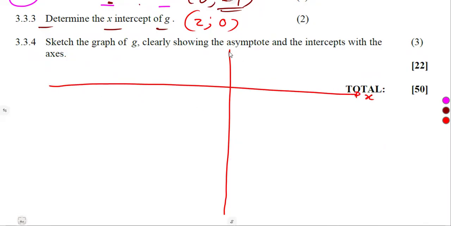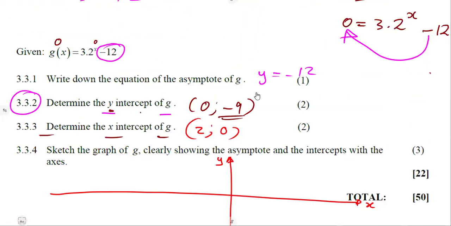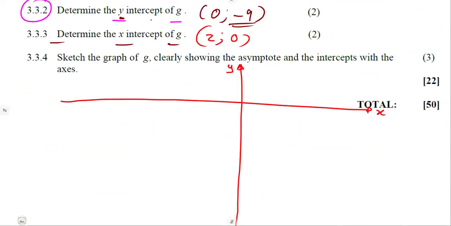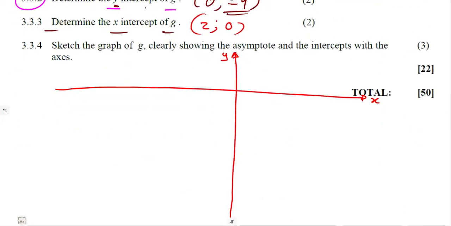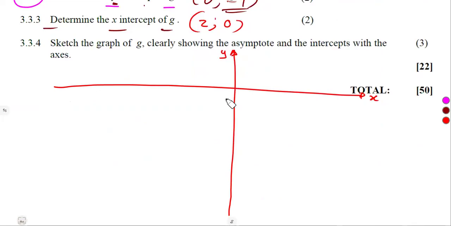So these are the x values, the y values. As you can see, our graph is more negative on the y values. On the y values, we have got an asymptote at negative 12. So let us say I've got something like this. That's 0 here, negative 2, negative 4, negative 6, negative 8, negative 10, negative 12.